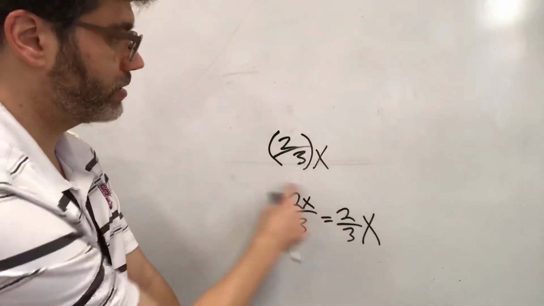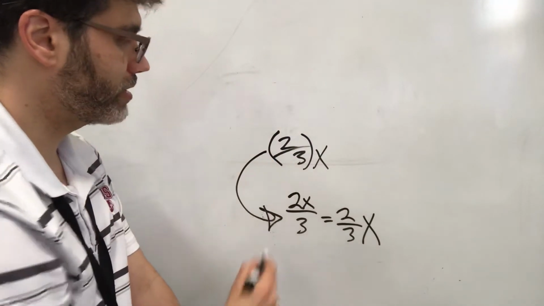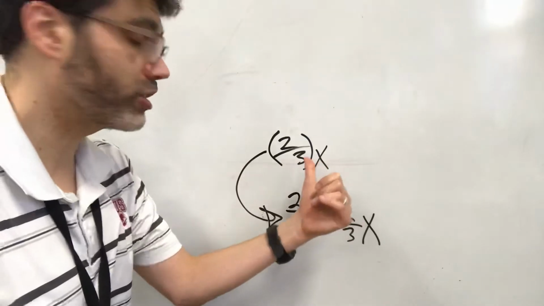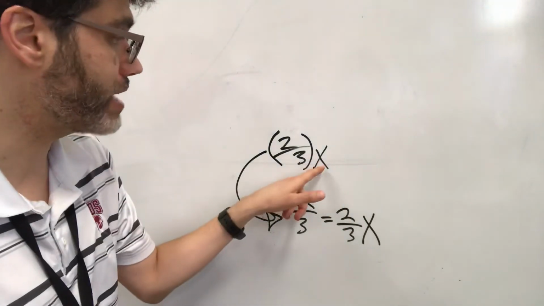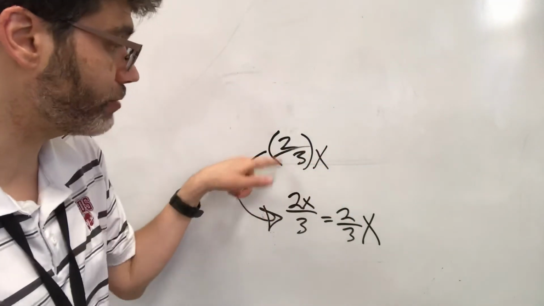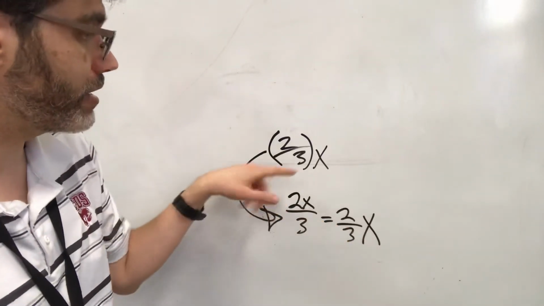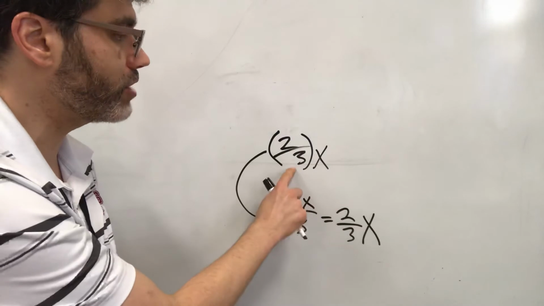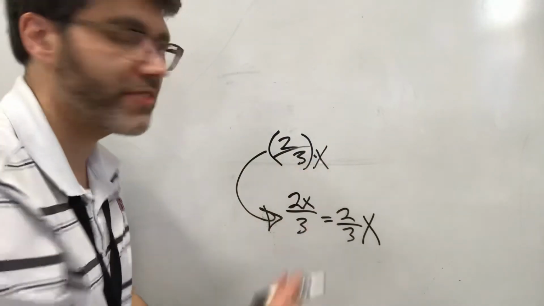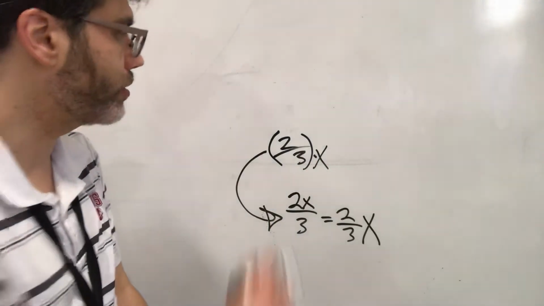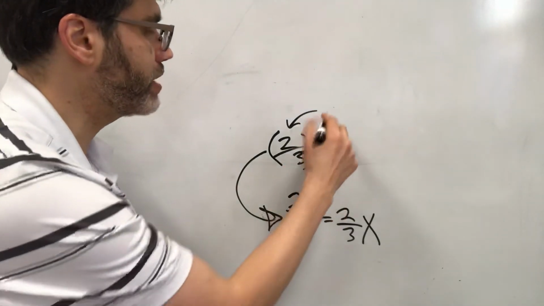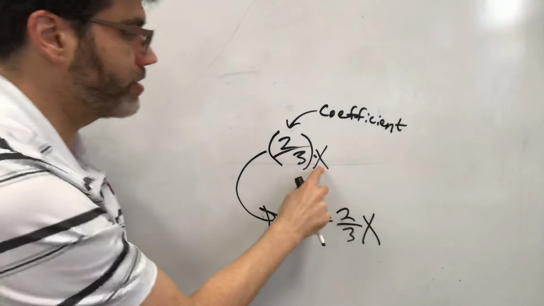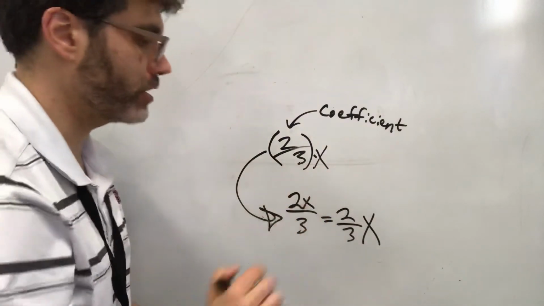So this equals this, and because I put the parentheses around, this x is not going to be shoved into the denominator, because now the x goes for everything. So if you want to write this, but you're sometimes a little sloppy, just put parentheses around your coefficient, and then you'll be totally fine. Again, whatever's in front of the variable is called a coefficient, and then the variable is going to be multiplied against the coefficient.